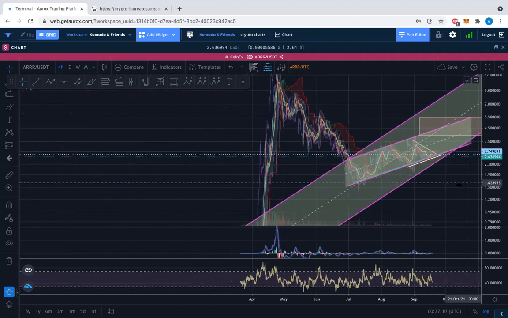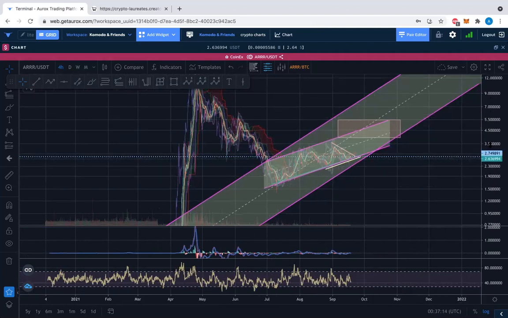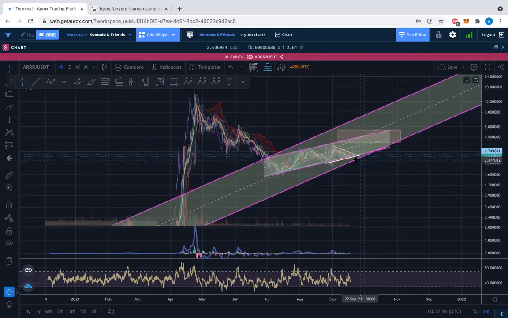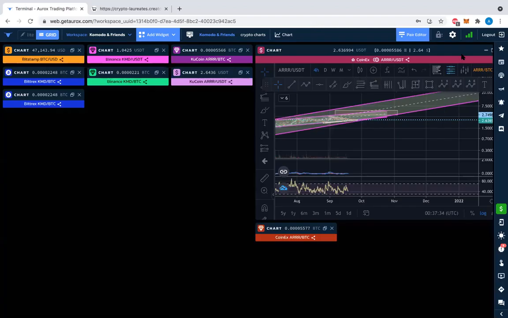This move has been very upward slanting, so maybe it needs to calm down and break down. But this is such a key area here where we have these two channels coming together. Well, it is what it is for now. That's where we are, and we will watch it closely over the coming days.